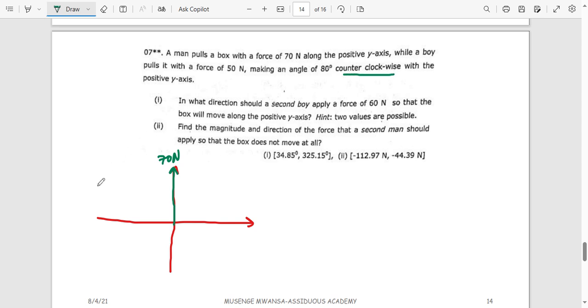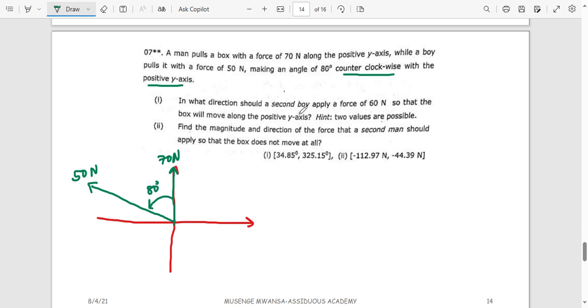Counter means anti. So they are making an angle of 80 counterclockwise. Can you see that angle should be 80 counterclockwise? This is where the boy is pulling, at 50 newtons. We've been told it is with the positive y-axis, so that's the positive y-axis, and then the angle is 80.